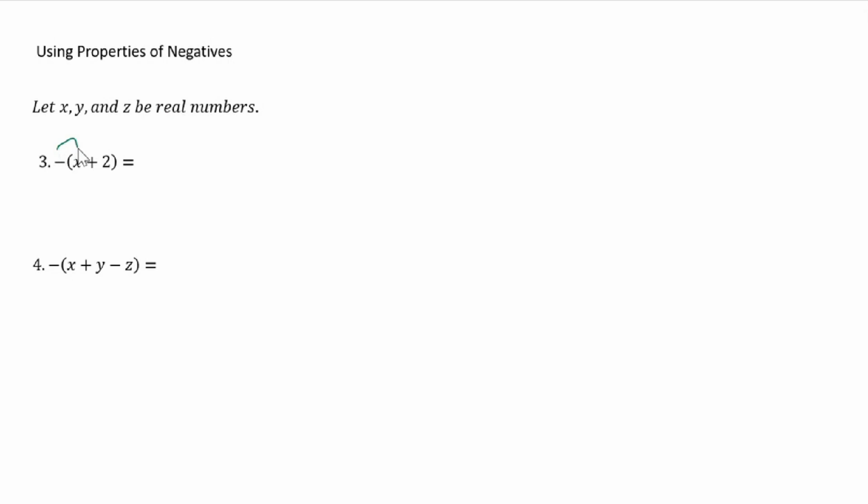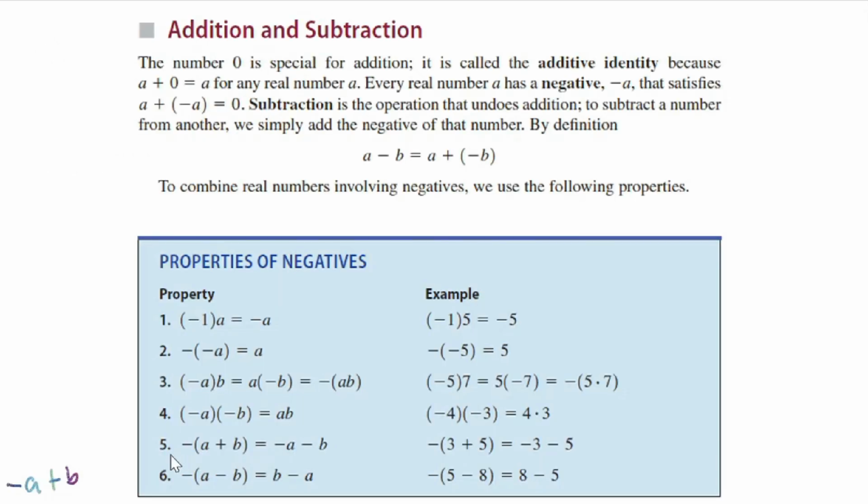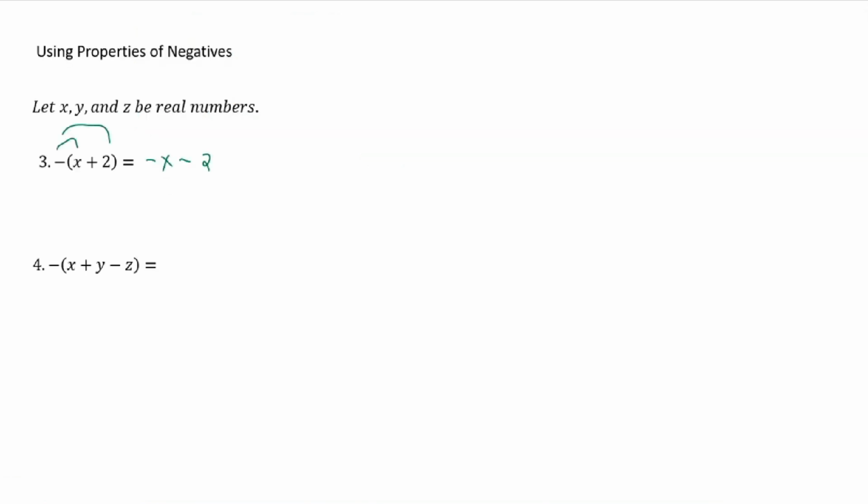So negative times x equals negative x, and negative times positive 2 is negative 2. So this is now similar to property number 5. We just change the sign inside the parentheses.